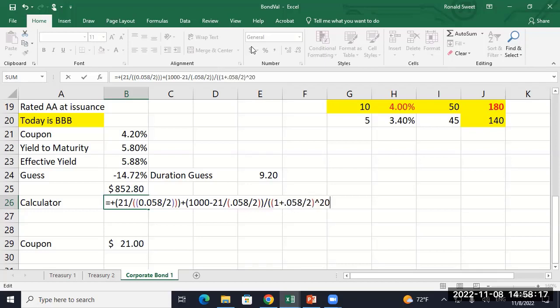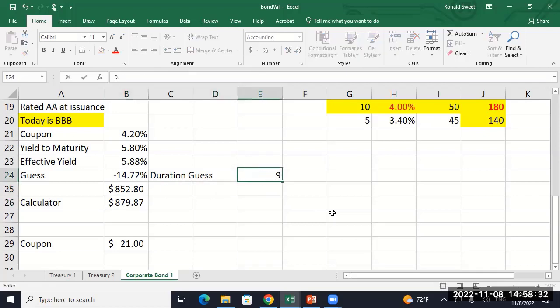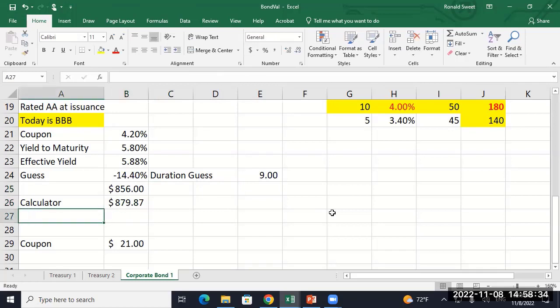So raise it to the 20th. Does that look possible? That's probably the right answer, I would guess, because my duration is probably way off. So maybe my duration is only 9 years. Who knows? We'll see.